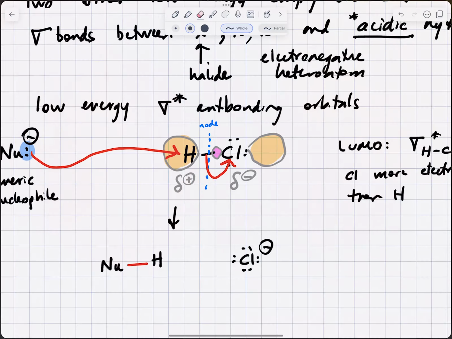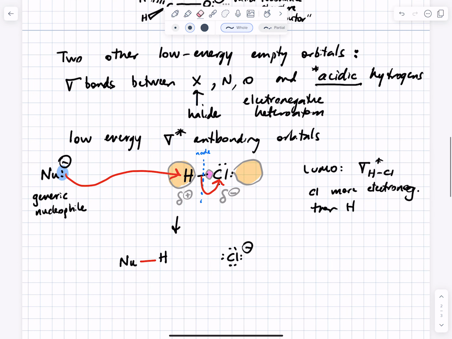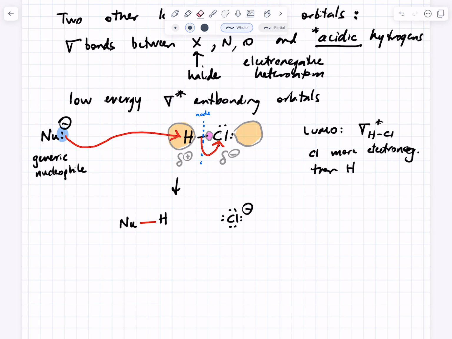All right. So an acidic bond between an electronegative atom and a hydrogen, that sigma star is an important place that can accept electrons from a nucleophile. You've already seen the pi star. There's a last one that I need to introduce to you.